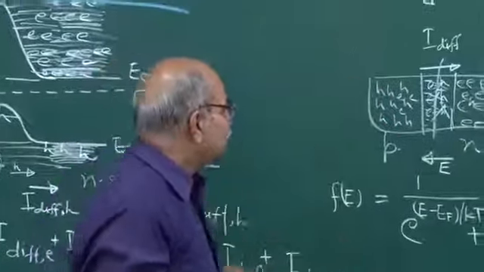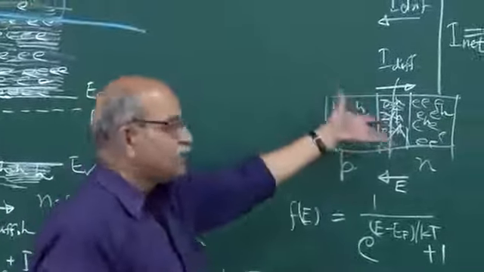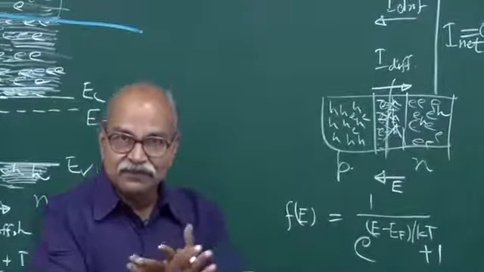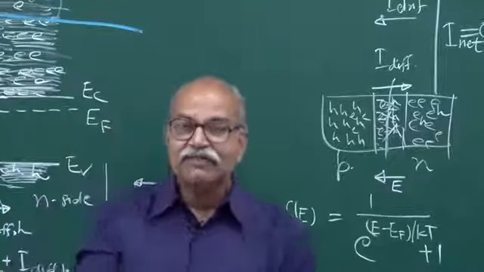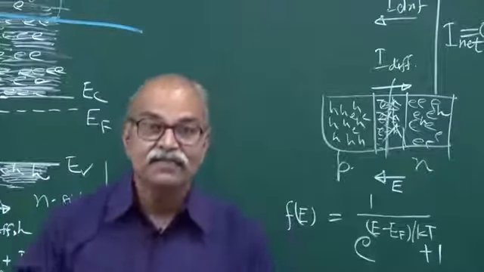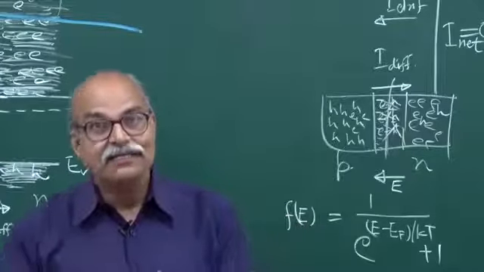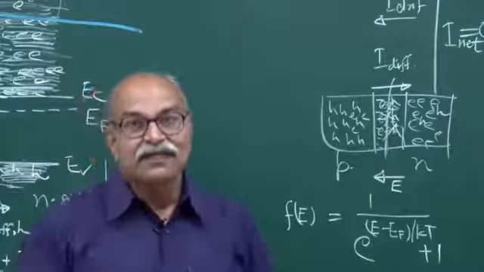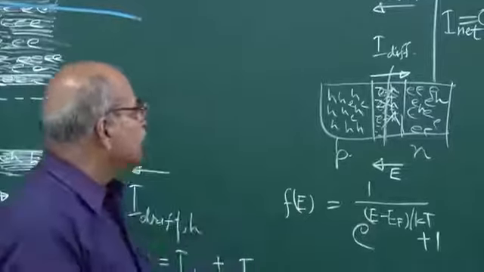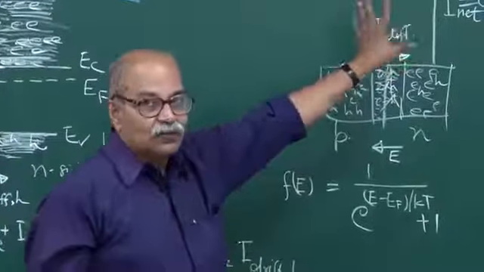So, I will not go into that, but it is happening. And then because of majority carriers, you are having some kind of migration of charges. Then you have minority carriers, they are also contributing another kind of currents, but the net total current is 0.